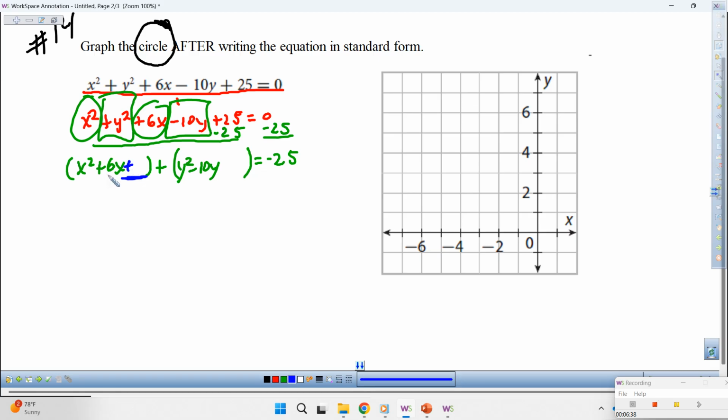Plus what? 6 over 2 squared, and we do that to both sides. So with that said, what do we write here to complete the square? Tell your neighbor. Yeah, negative 10 over 2 squared, and we do that to both sides.